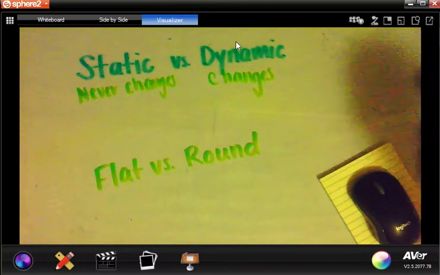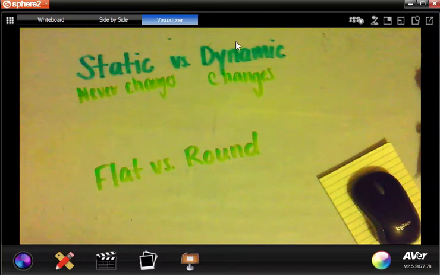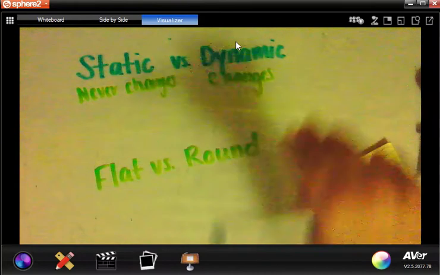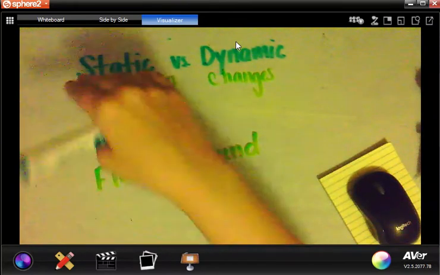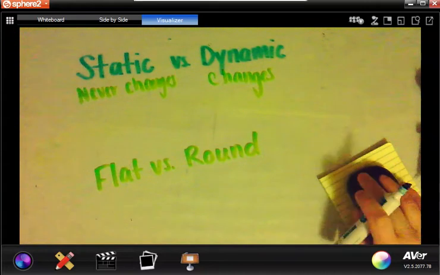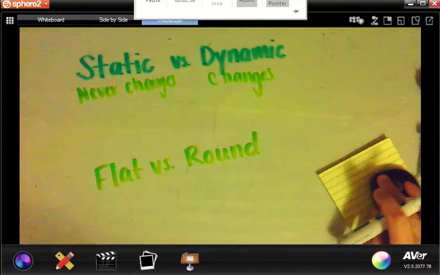The next set is a flat and round character. And it is important to remember that a character can be one of each of these. They can be a static and flat character, or a dynamic and round character, or a static and round character. It works in different ways. Right.